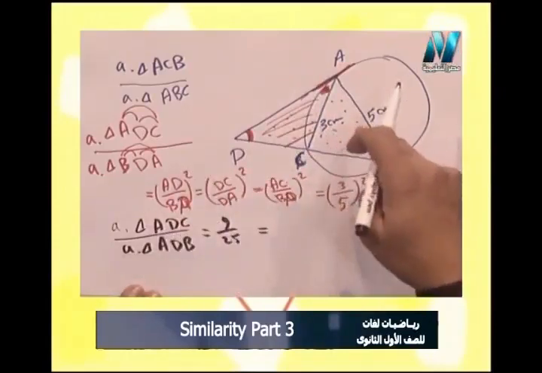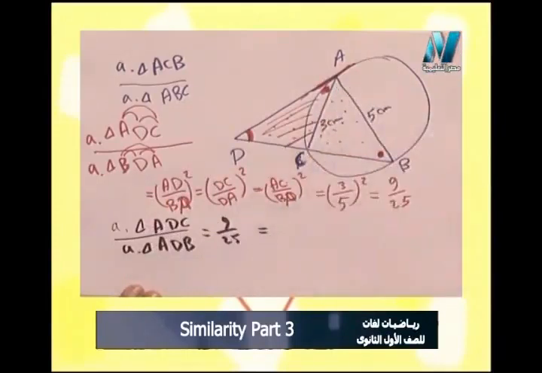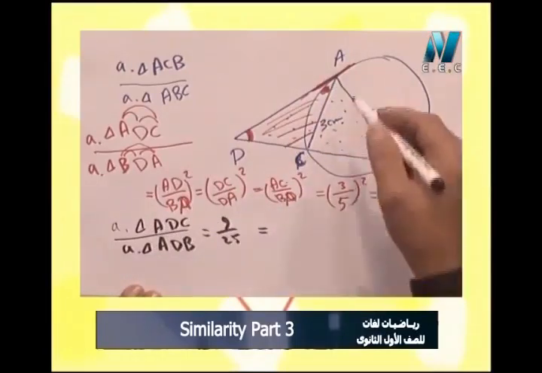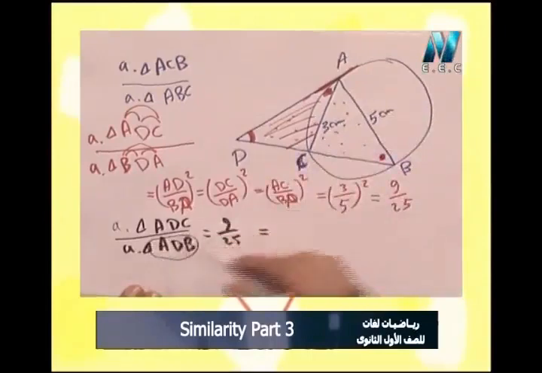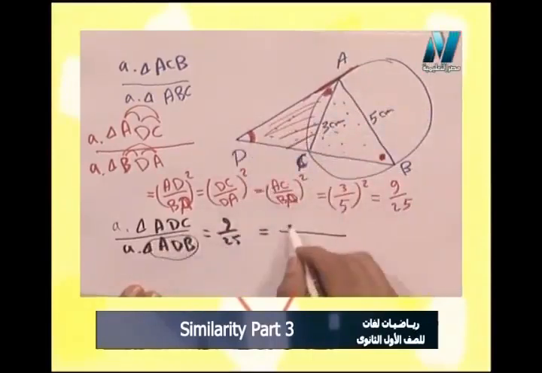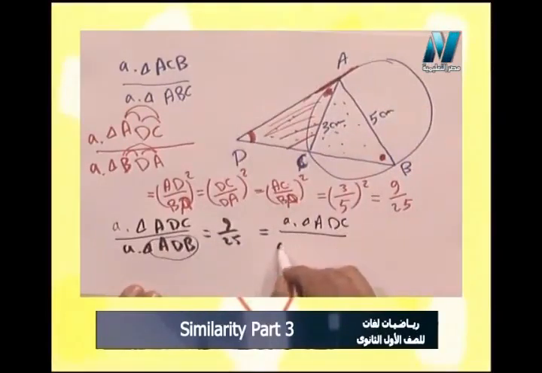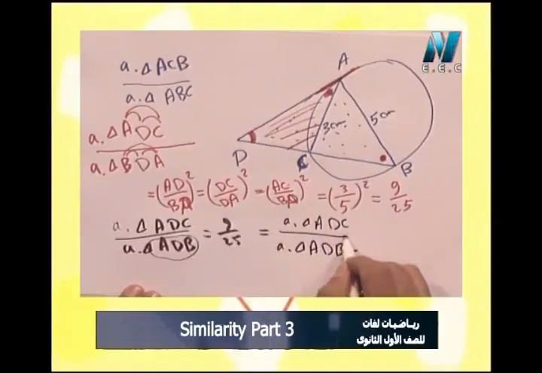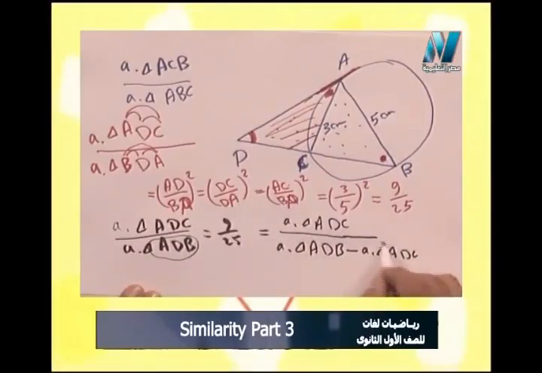But we want the ratio between the small triangle here, which is ADC, and the small triangle here also, ACB. But we have in the denominator here the whole triangle. The solution will be the area of triangle ADC over the area of triangle ADB minus the area of this triangle, which is the area of triangle ADC.